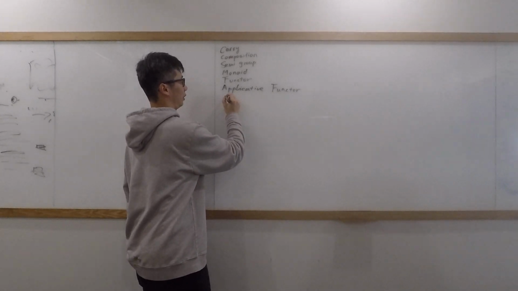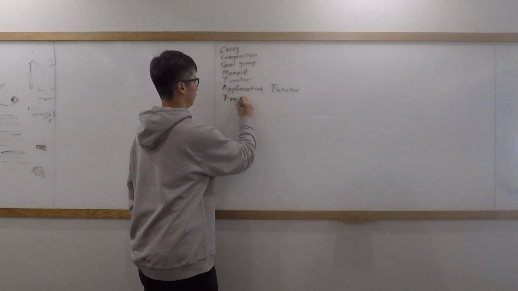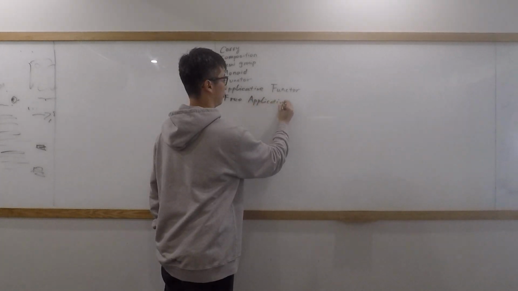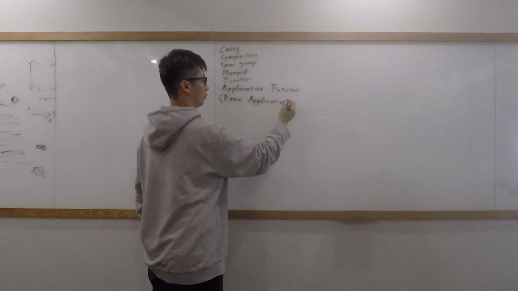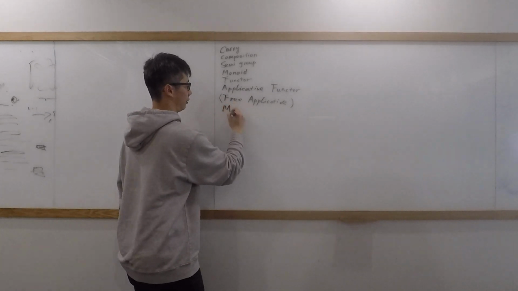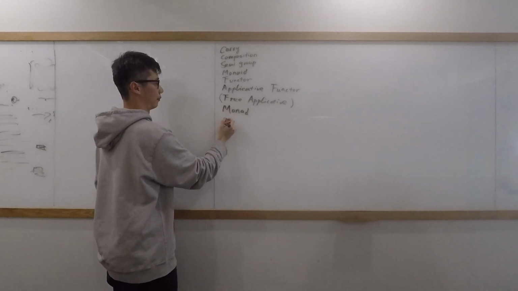And then we will have free applicative functor, which is a kind of optional extra thing here. And then we'll explain what a monad is.